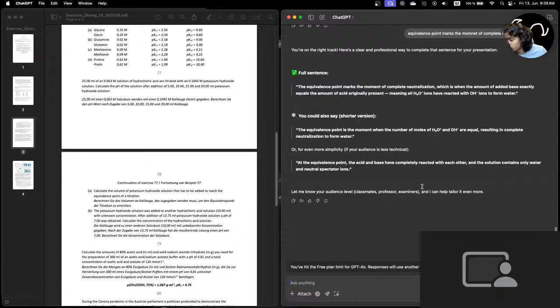So the next part of the question is how much volume of potassium hydroxide should be added to reach the equivalence point.